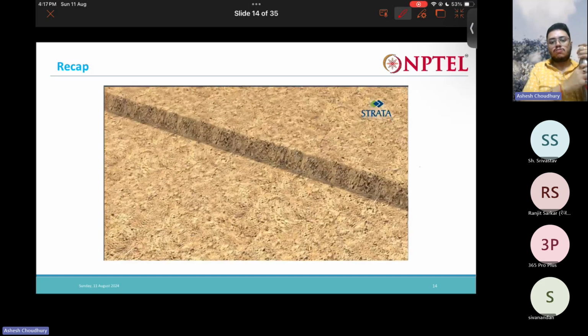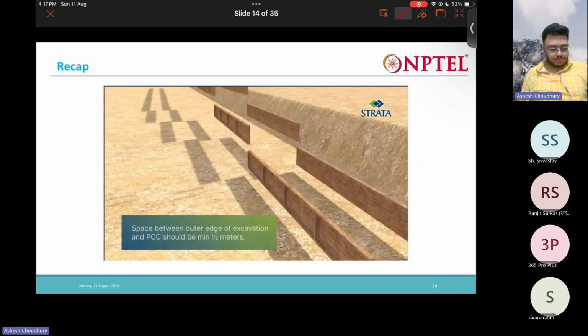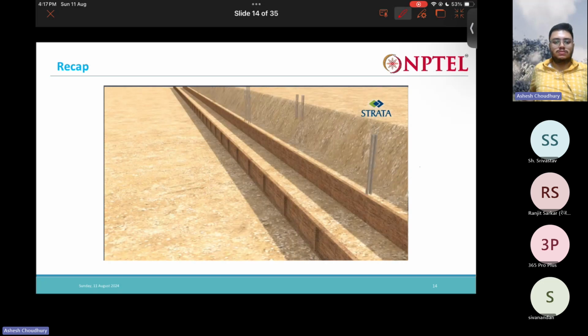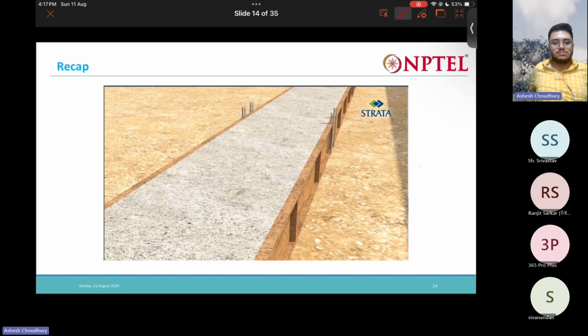Excavation of the ground should be done up to the foundation level as indicated in the drawing. The formwork for the leveling pad shall be fixed and concrete shall be placed within the formwork.